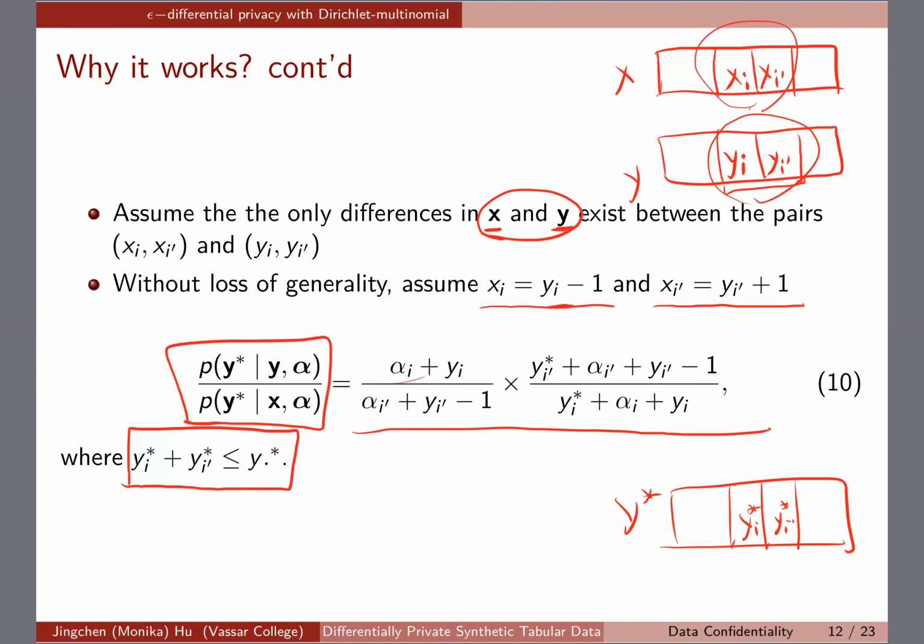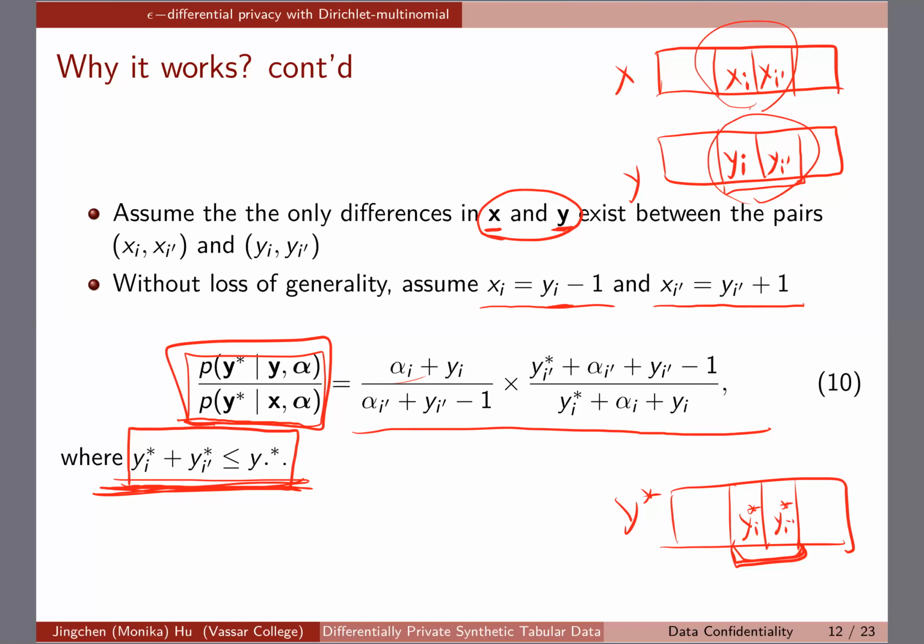The sum of these two should be bounded above by the total sum, because it cannot go above that. So you can think of this as a condition that we're trying to satisfy when we try to figure out the lower bound and upper bound of this.